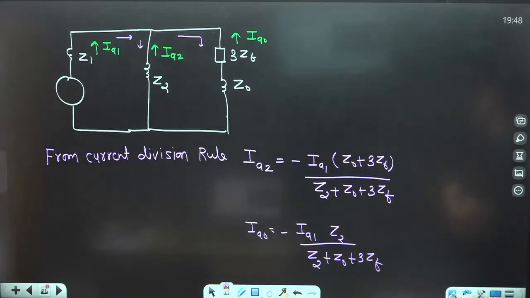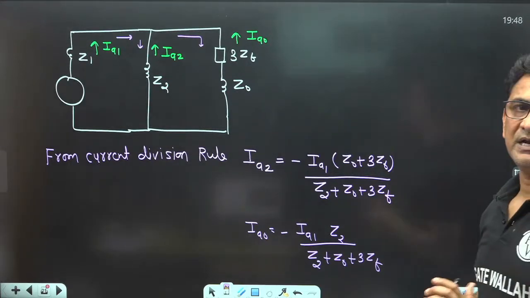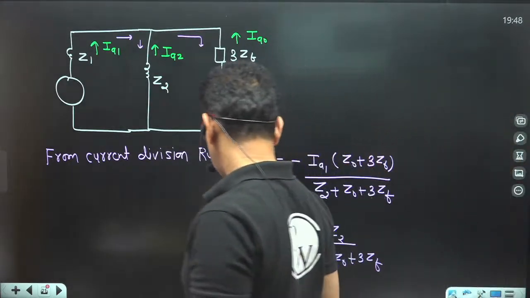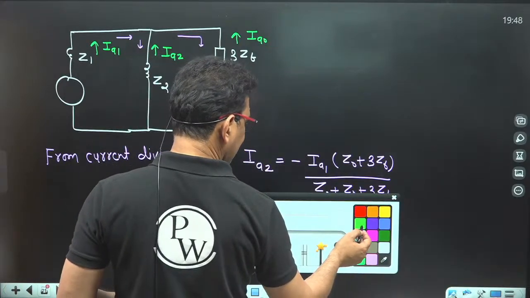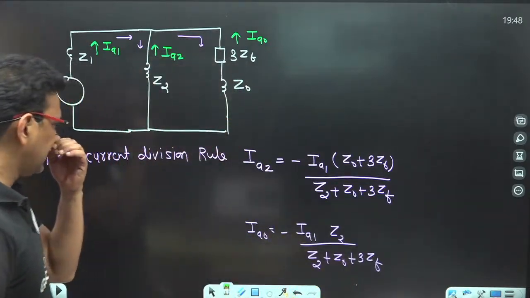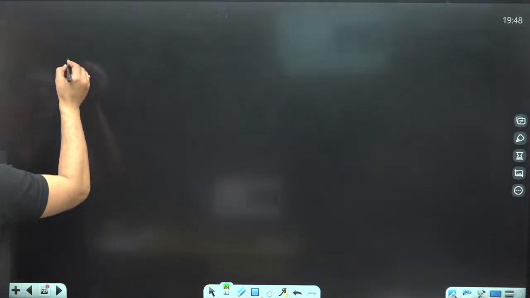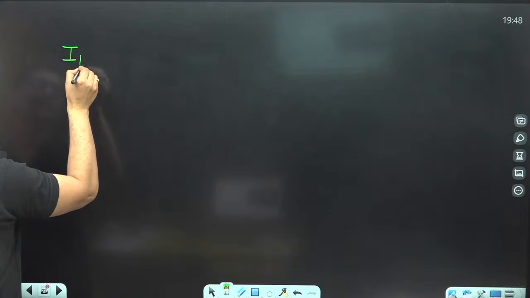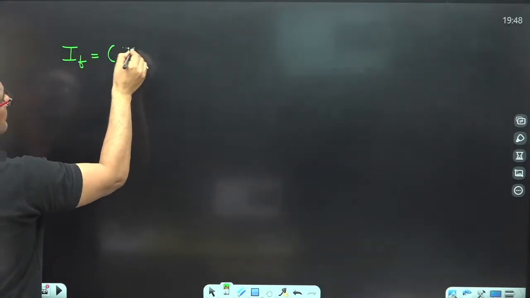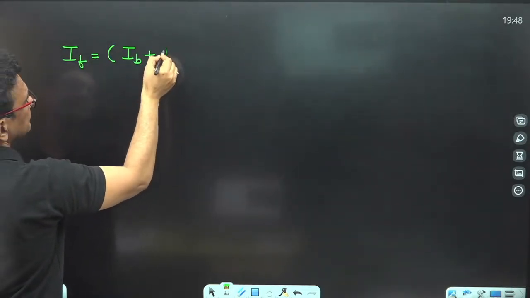What is our main motto? Our main motto is to find out the value of fault current. So how will you get the value of fault current? Once you know this, the fault current is IB plus IC. What I told you, the value of fault current is nothing but the sum of IB plus IC.